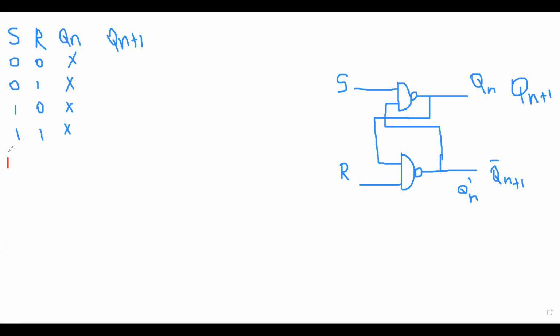So, the first condition is S equal to 0 and R equal to 0. Here, we get Qn plus 1, and here, we get Qn plus 1 bar.